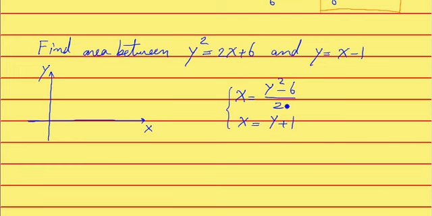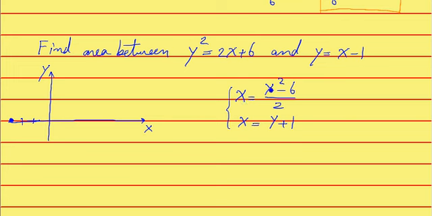So we are looking at the pictures as x's in terms of y's. What does this first one look like? When y is 0, x turns out to be minus 3. So here's the x-intercept of this picture. Let's say 1, 2, and minus 3.